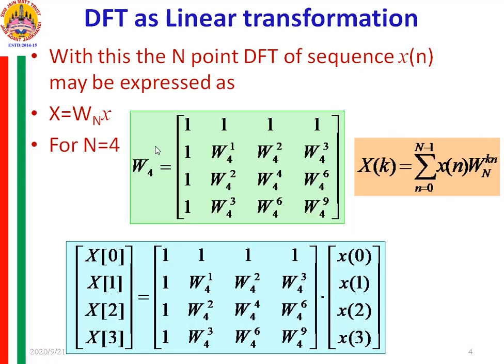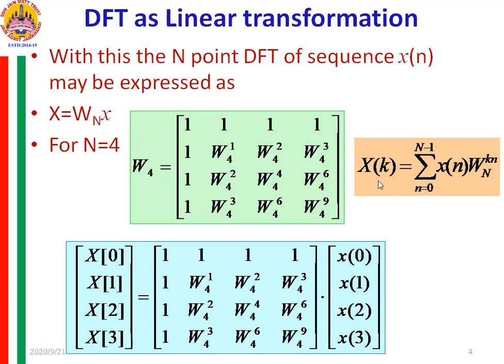See here, I have taken an example of N is equal to 4. This capital X is a column vector of 4 points from X0 to X3 and this small x is a column vector of 4 points from x0 to x3. Now the 4 cross 4 matrix of this W is written from this expression.